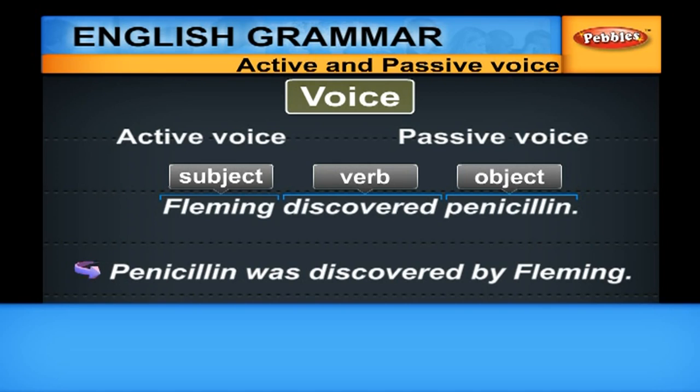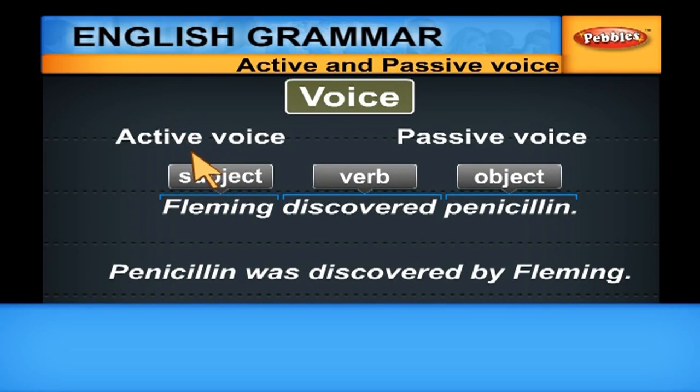In the second sentence, penicillin was discovered by Fleming. The subject is penicillin, but it is not the doer. Something is done to the penicillin. Here, the subject is passive, so it is said to be in the passive voice, while the first one, Fleming discovered penicillin, is in the active voice.